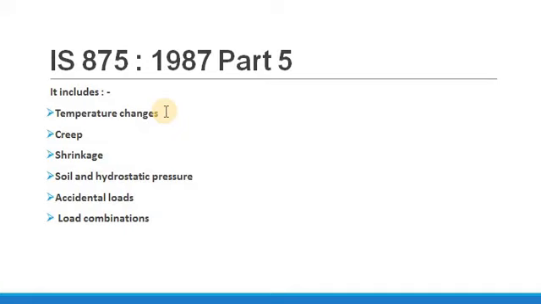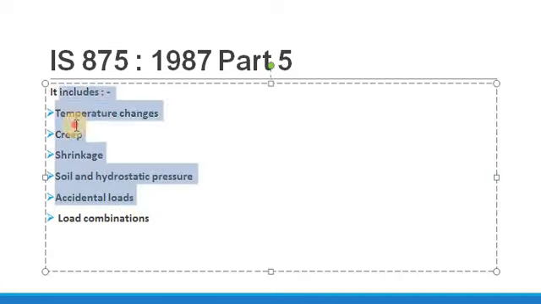It includes temperature changes, creep, shrinkage, soil and hydrostatic pressure, accidental loads, and different load combinations, the final load combinations. If you want to study about these loads, we can make a separate video on this.